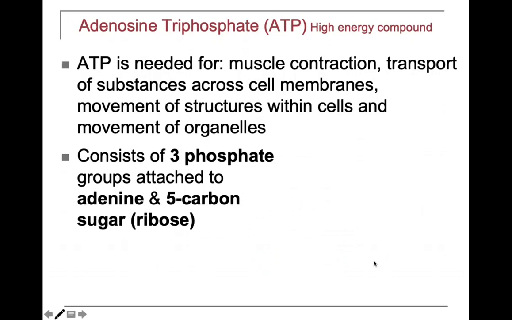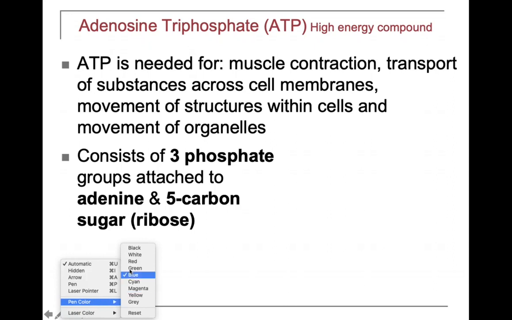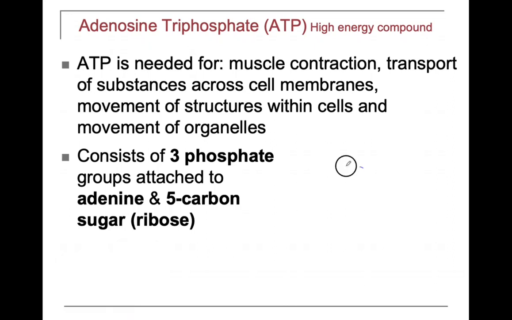ATP is needed for muscle contraction. It's needed to transport substances across a cell membrane, especially when you're moving things against a concentration gradient. Okay, a concentration gradient is if we have a cell, and there's more sodium outside than there is inside, so I'm going to make this small on the inside.